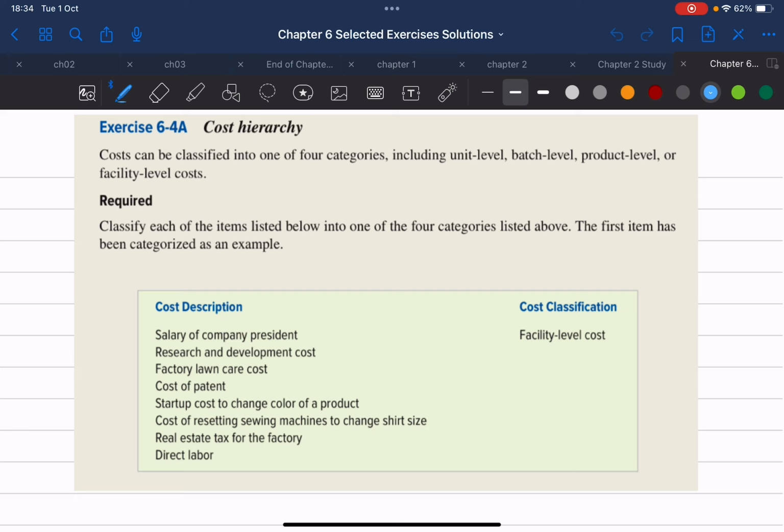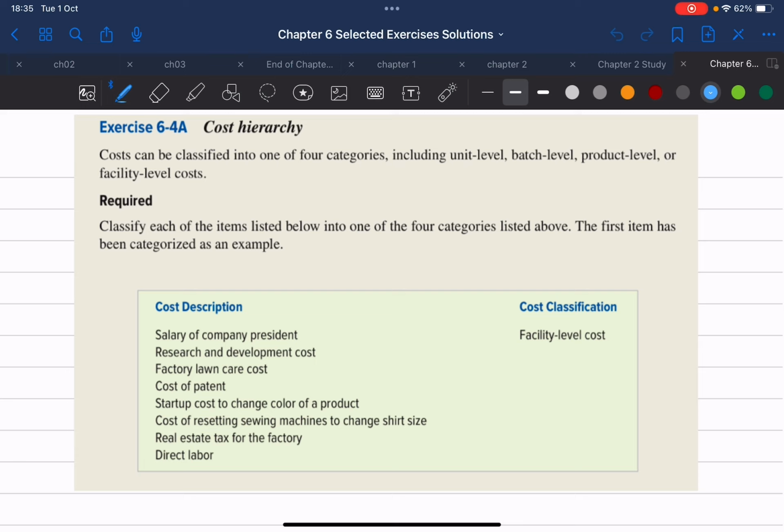The second one is research and development costs. Now, research and development is typically incurred to create or design a specific product, right? So for this one, it makes sense to classify it as a product level cost, right? Because you would incur this once or multiple times over the life cycle of a product. Let's say you produce cups, for example.